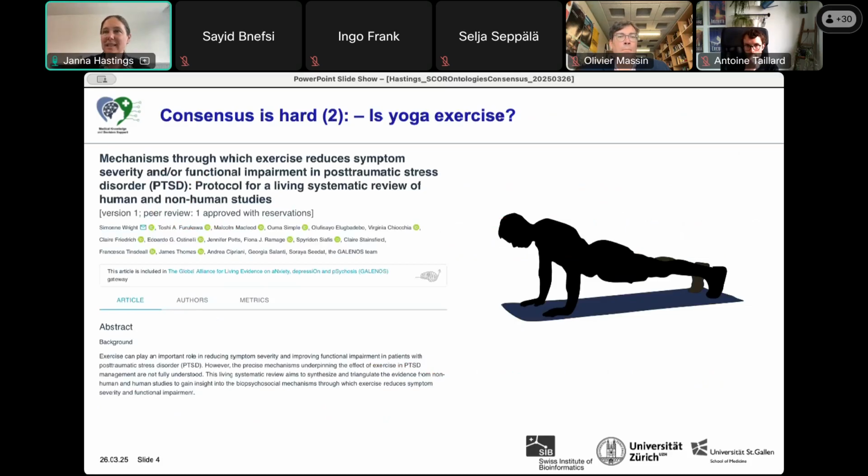So here's another example. This is from a systematic review where we aimed to, in the context of a project which is really trying to get answers about effective interventions in a mental health context, answer an overarching question about the mechanisms through which exercise reduces symptom severity in post-traumatic stress disorder.